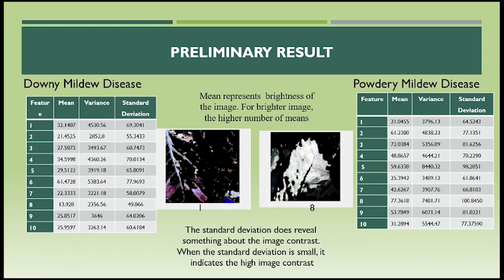We can conclude here that the Downy mildew image segmentation clustering gives a darker image, so the mean will be lower. For the powdery mildew disease, number 8 shows only the white image, so the mean will be higher because it's brighter than the Downy mildew disease. And the standard deviation reveals something about the image contrast.